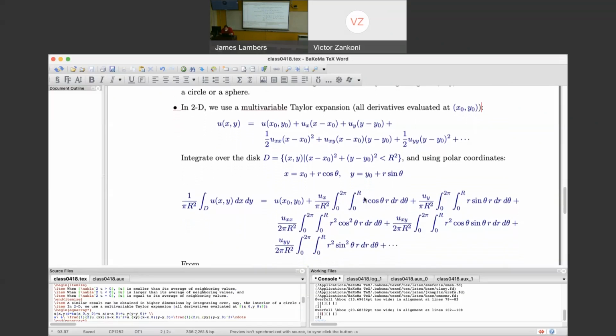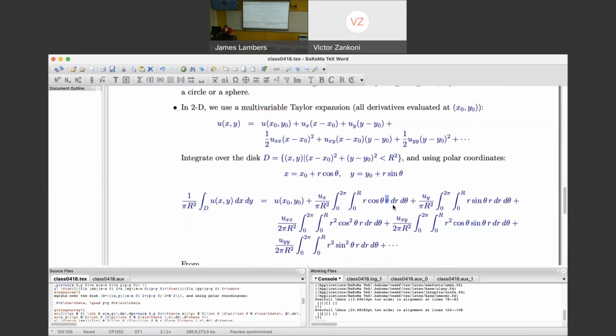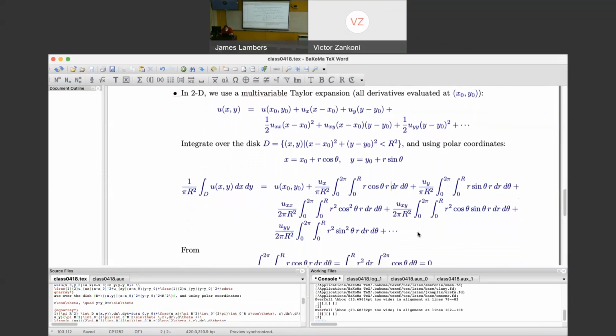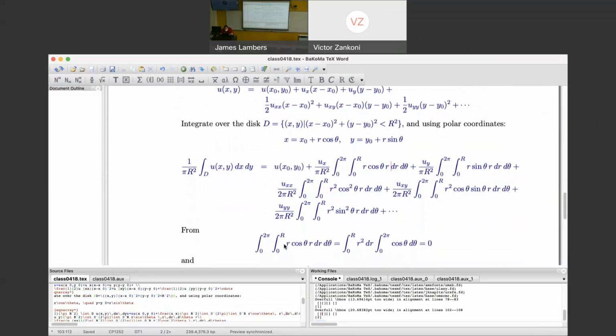And now I have all these integrals that have been converted to polar coordinates. Note the extra factor of r that has been included in here. And fortunately, some of these integrals will go away. For example, this first one, integral from 0 to 2 pi in theta, 0 to capital R in r of r cosine theta, also times r.